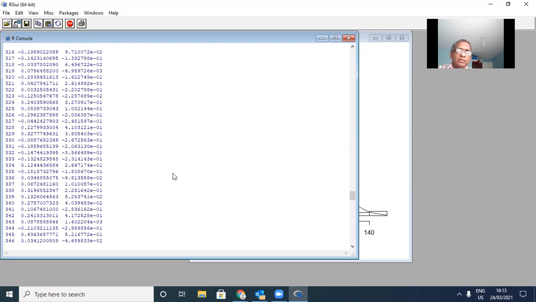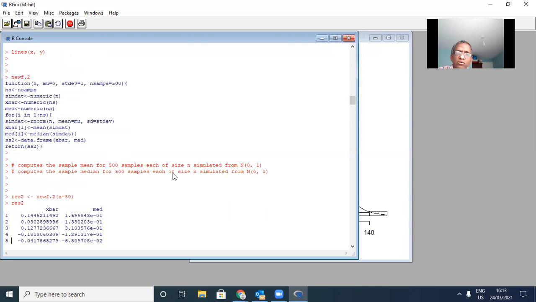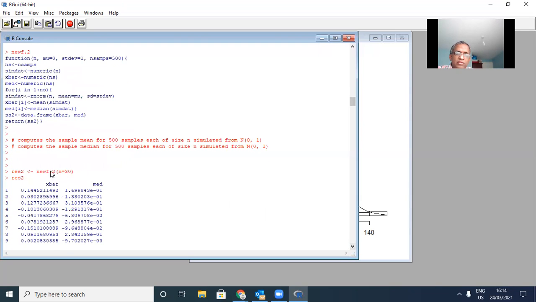As you can see, there are two columns of data. The first column gives the 500 values of the sample mean, and the second column gives the 500 values of the sample median, right?